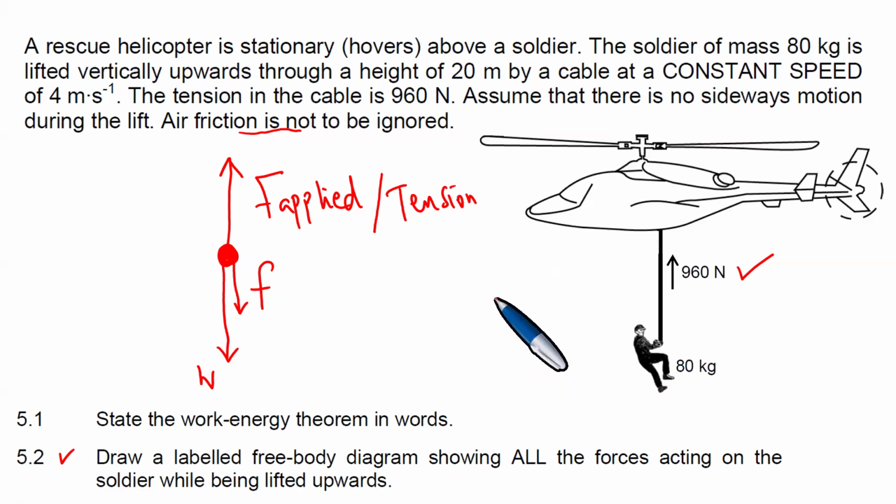Either way, it is exactly the tension in the rope or in the cable. Because it is lifted vertically upwards through a height of 20 meters by cable at a constant speed, being lifted constantly at 4 meters per second. So take note of that.